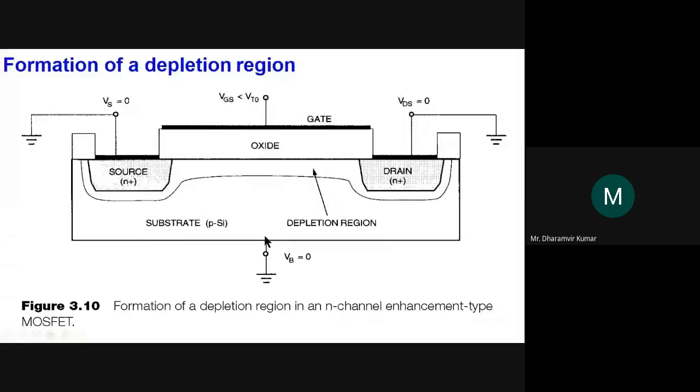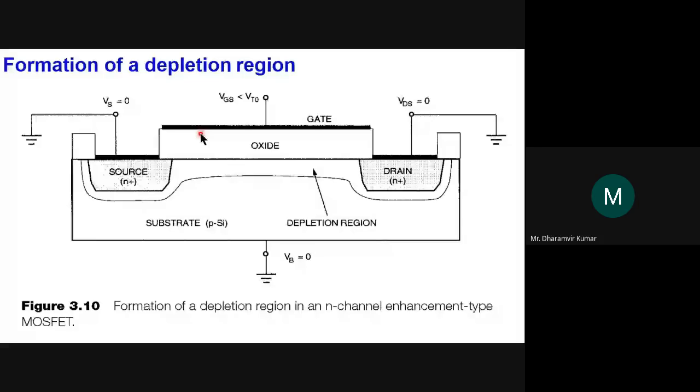Although the source is also connected to ground here, one thing we can notice is that we have applied a positive voltage at the gate terminal, and this has its effect here in this region under the gate.